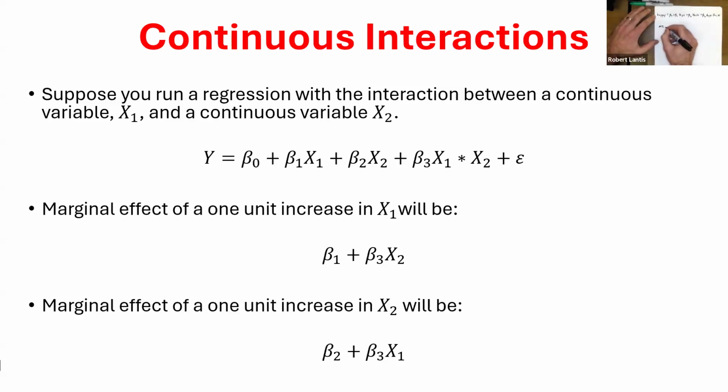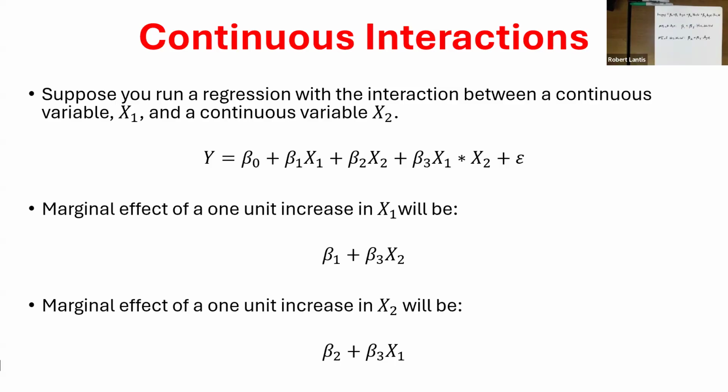So the marginal effect of age, taking a derivative of this function with respect to age, was beta 1 plus beta 3 times hours worked. And then the marginal effect of hours worked was beta 2 plus beta 3 times age. The marginal effect of each variable depends on the other variable.